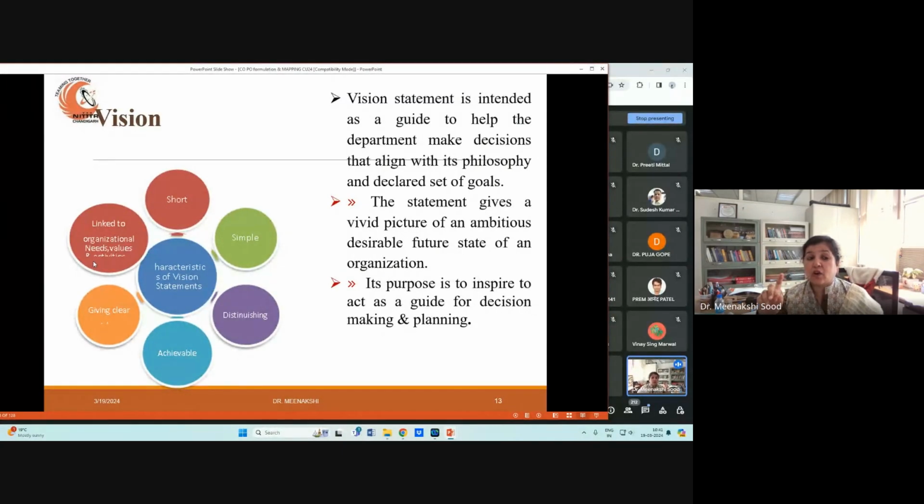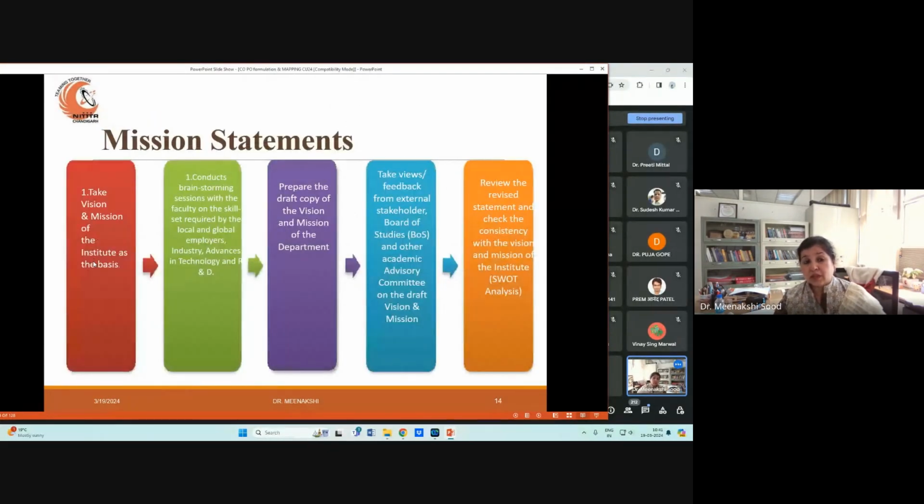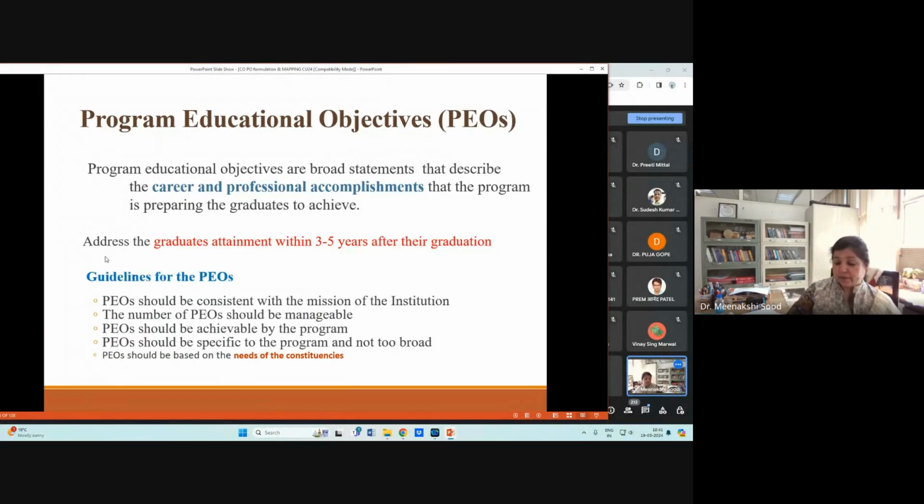It should be a guiding torch for decision making and planning. And to cover this vision, we have the mission statements, right? What micro steps are to be followed for achieving the vision which has been stated? That may be in the form of brainstorming sessions, or taking feedback from the stakeholders, from the advisory boards, from the experts, from the BOS, and then doing the SWOT analysis also. The mission statement should be formed, right?